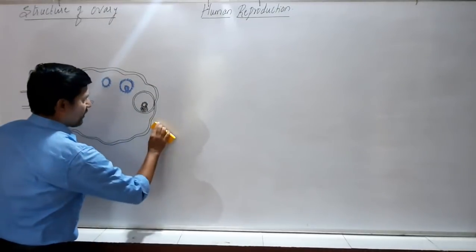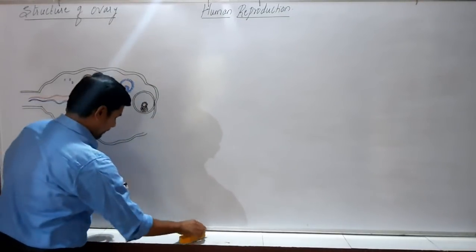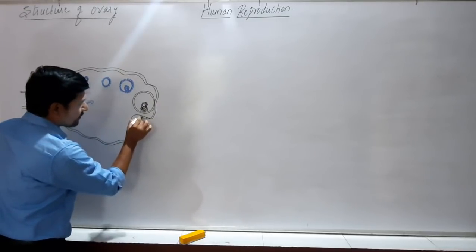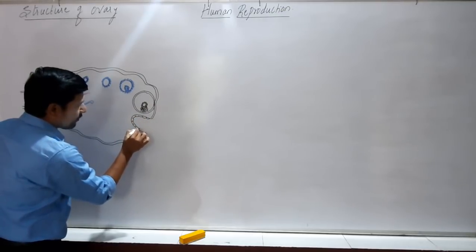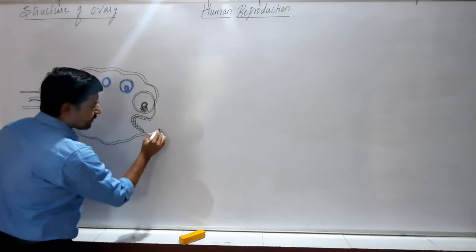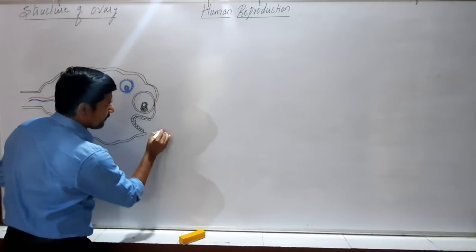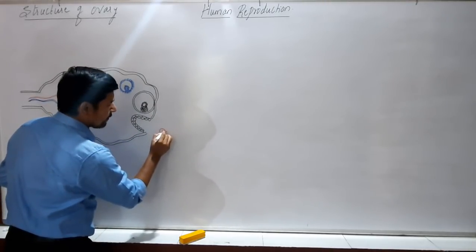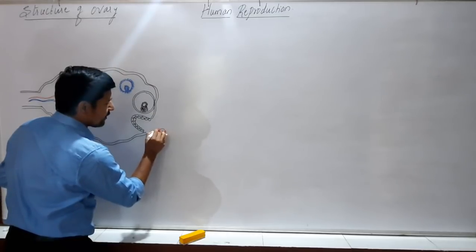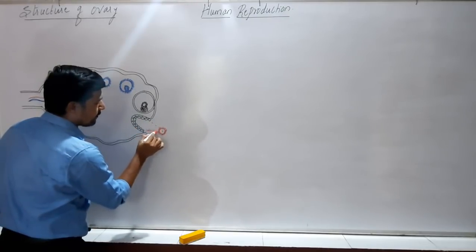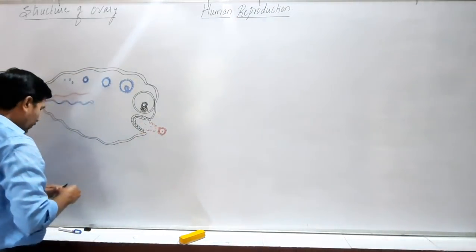Now this Graafian follicle gets ruptured here, and the ovum is released during this process. So here the ovum gets released. This process is called ovulation.